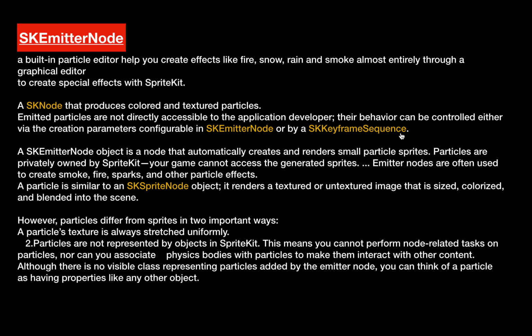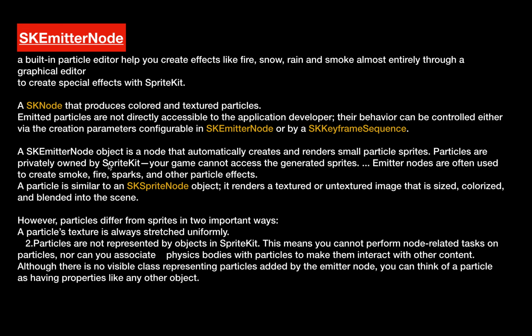SKKeyframeSequence is also used to add all the parameters to this emitter node. So these parameters and functions are not accessible to the developer, but they can be used through the creation parameter configuration given in SKEmitterNode or by using SKKeyframeSequence. We will be using SKKeyframeSequence for creating this twinkling star.